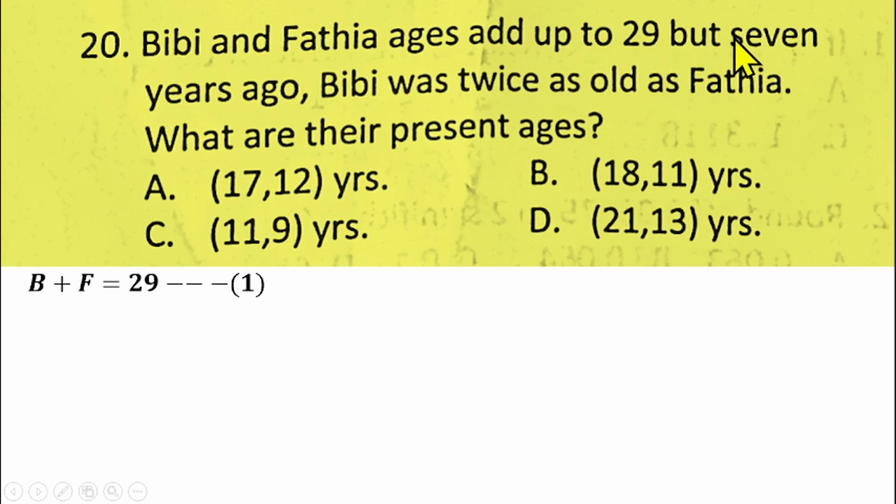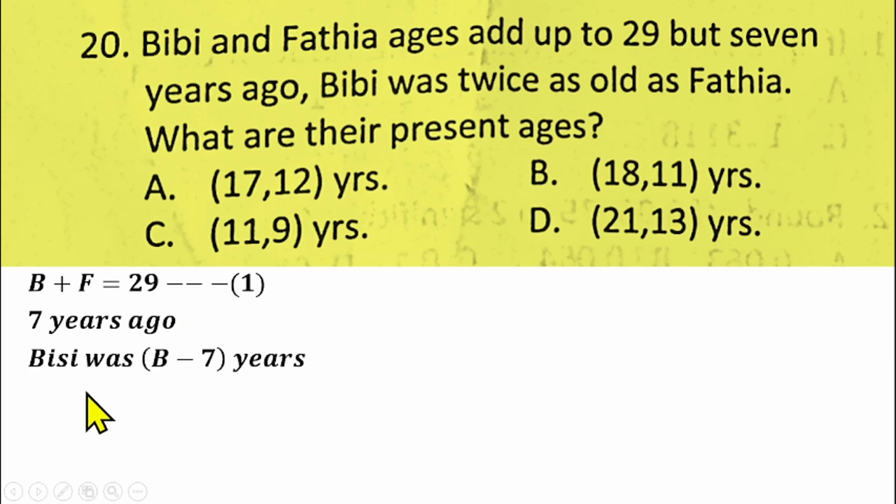But 7 years ago, what will be the age of BB? That will be B minus 7. And 7 years ago, Fathia also was F minus 7 years.